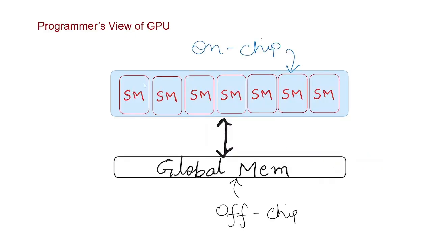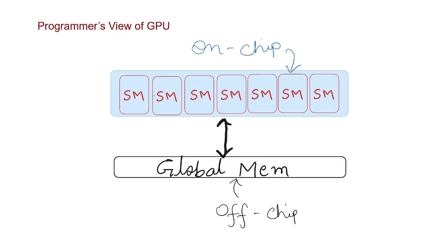Before that, when we thought about thread, block, and grid, we had programming abstractions in mind, and this figure shows how it maps onto the GPU hardware. The GPU is an array of execution units called streaming multiprocessors, and these are on chip. Off chip, there is what's called global memory or high bandwidth memory, and these are connected via a bus.